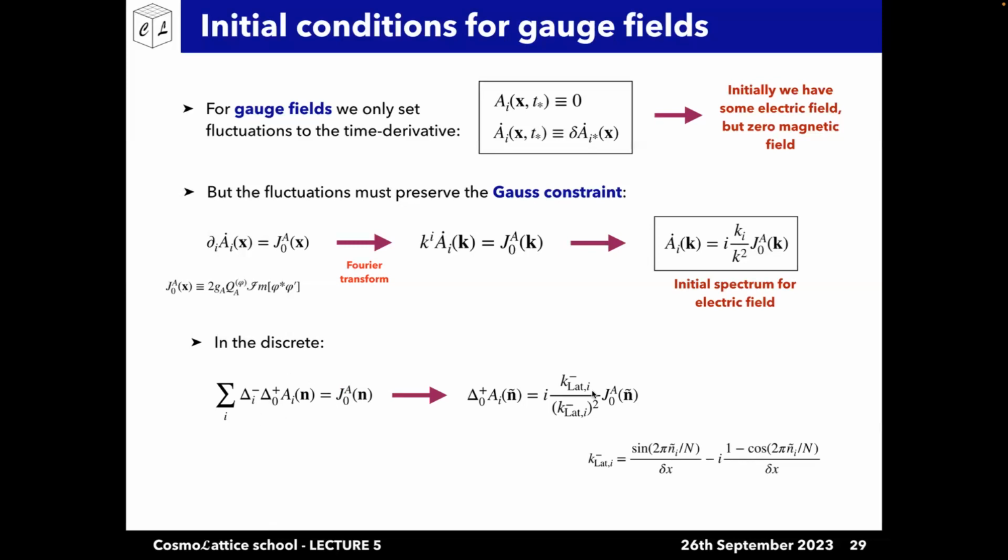When we go to momentum space, in the lattice Fourier transform, we must choose the correct lattice momentum associated to this choice of spatial derivative. If you go to the first lecture, this one is complex. It's a complex momentum. If not, it will not work. So if we have another spatial derivative here, we will have another lattice momentum.